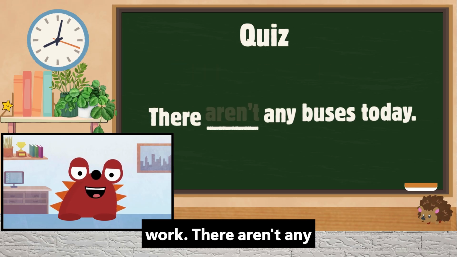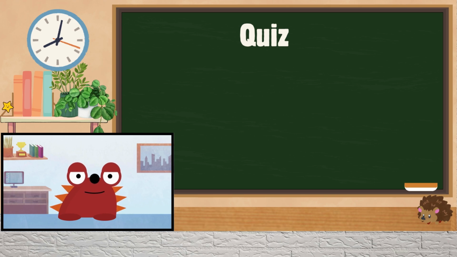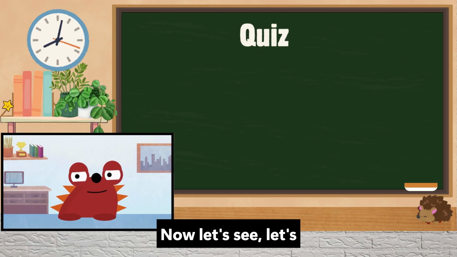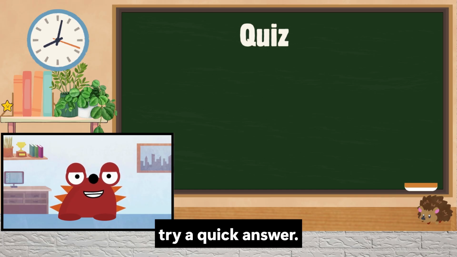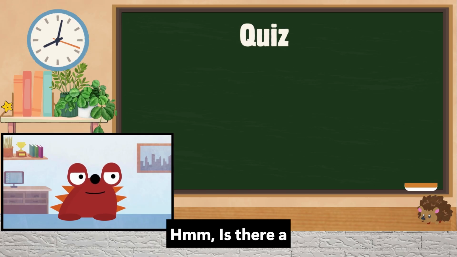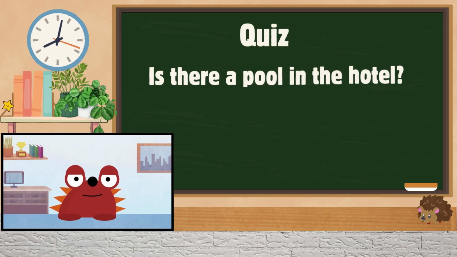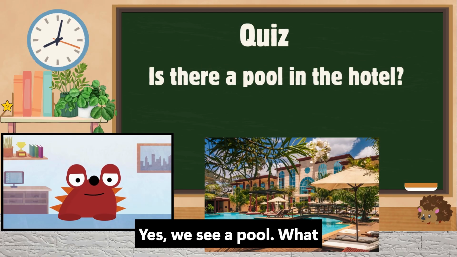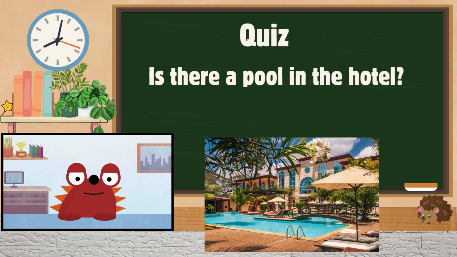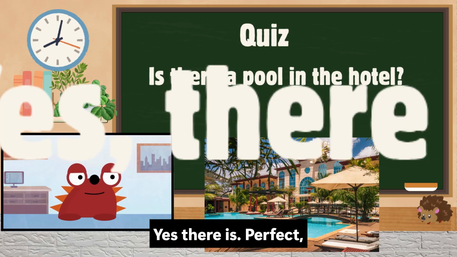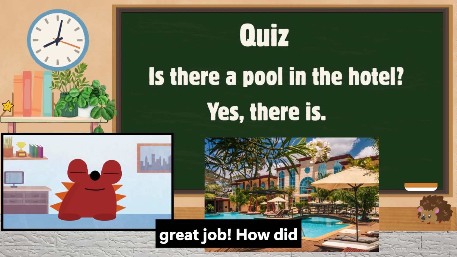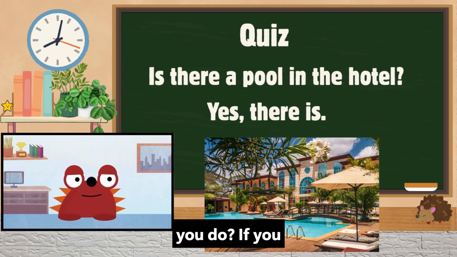There aren't any buses today. Now, let's try a quick answer. Is there a pool in the hotel? Yes, we see a pool. What is the answer? Yes, there is. Perfect. Great job.